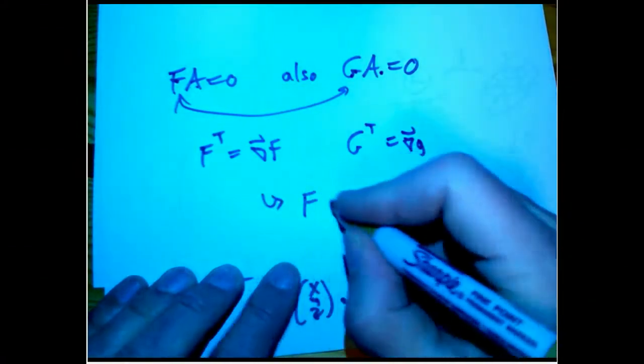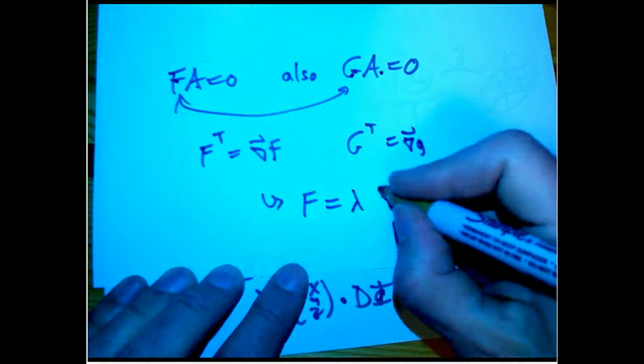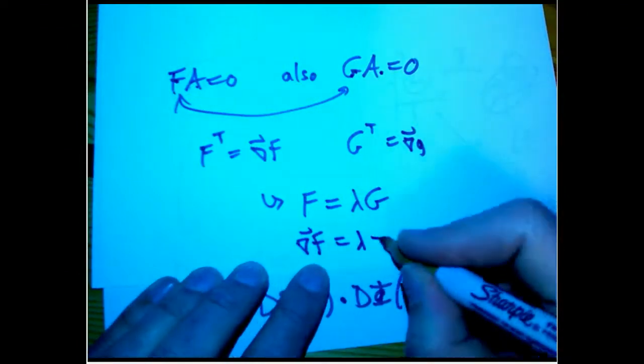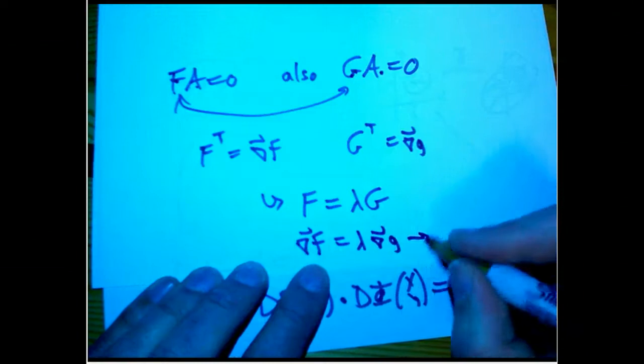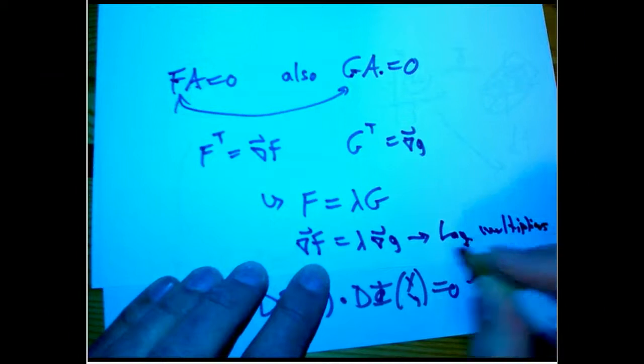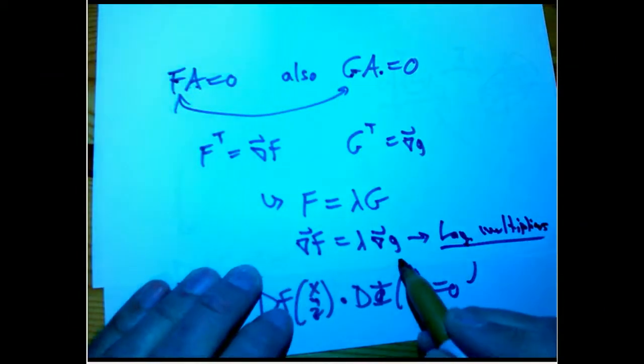So F is a scalar multiple, let's call it lambda, of G, or the gradient of F is a scalar multiple of the gradient of G. And that's the key to why Lagrange multipliers work, that these guys must be in the same direction.